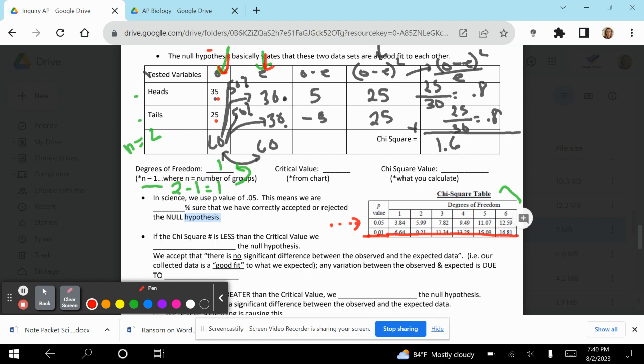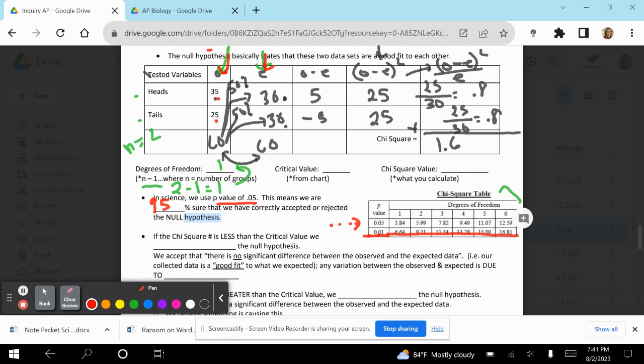So in science, we have an acceptable confidence level, and that is 95%. We have to be 95% sure about the decisions and conclusions that we make about our data. That is why we're always going to use a p-value of 0.05, because we need to be 95% confident in this decision we're going to make.